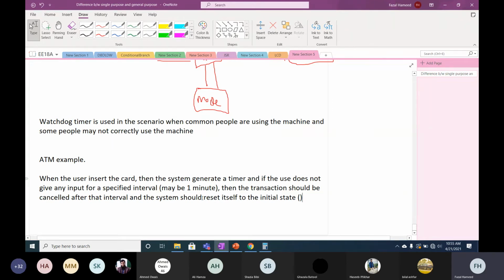Or the system should ask the user to take the card.